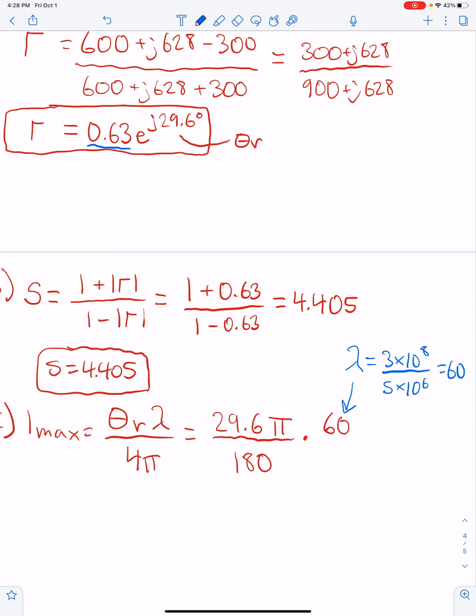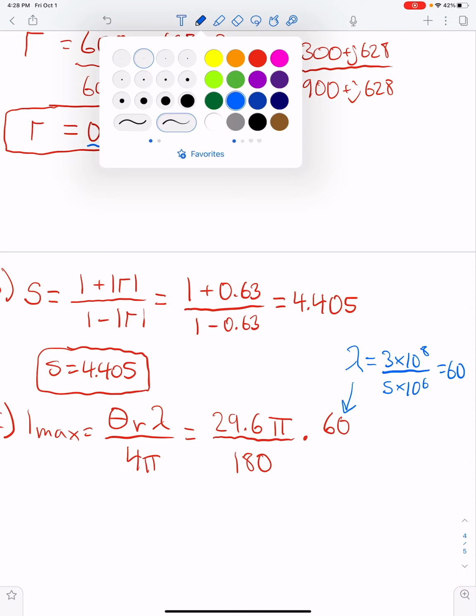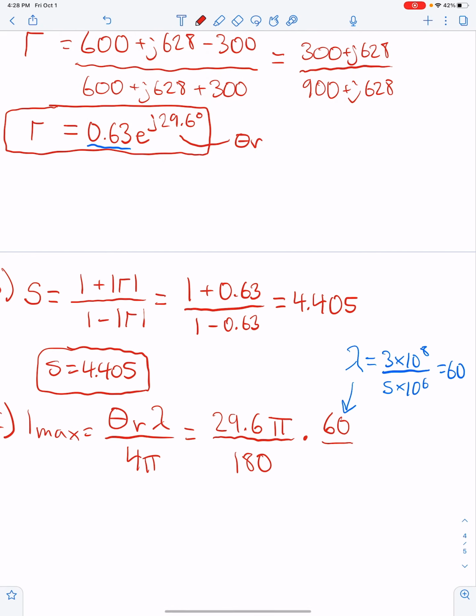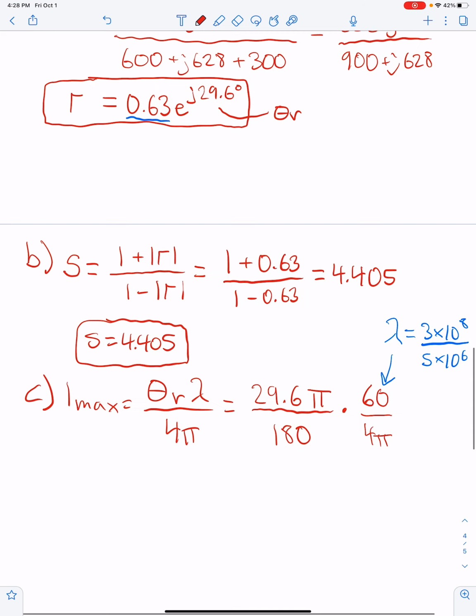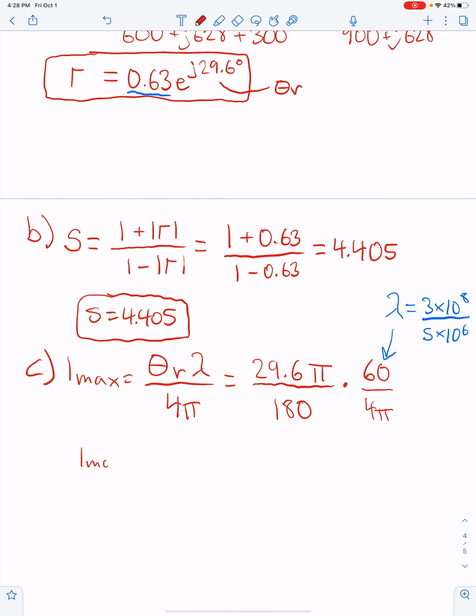So we have this divided by 4 pi. So then we can simplify. This will give us 2.46 meters.